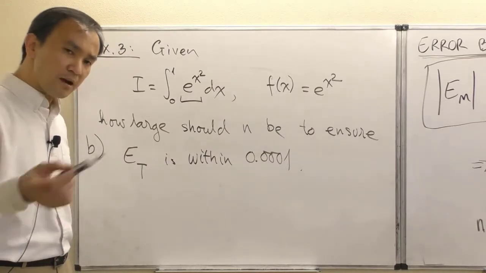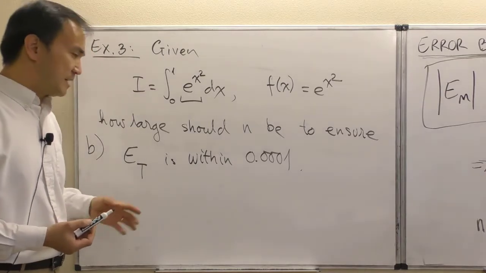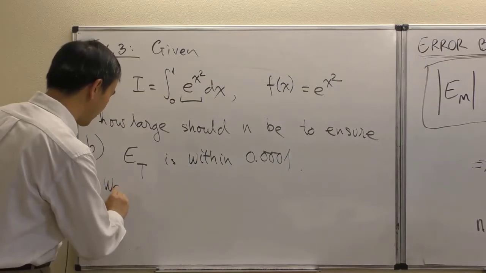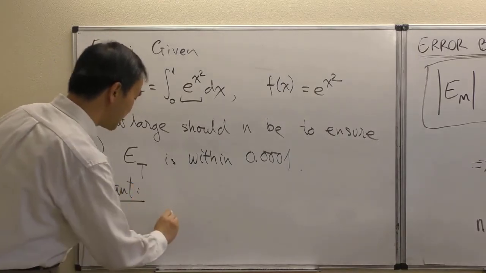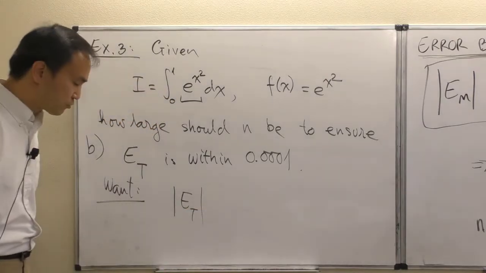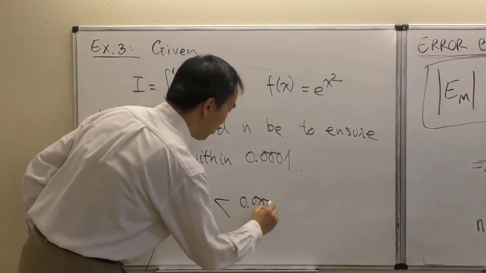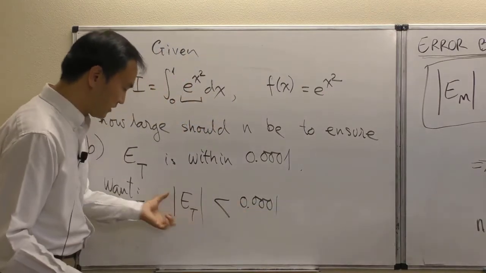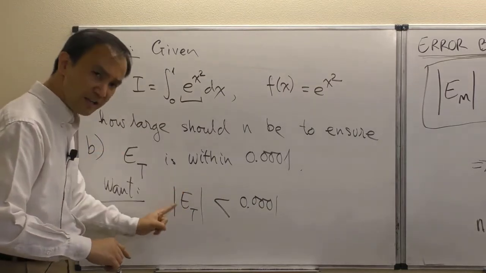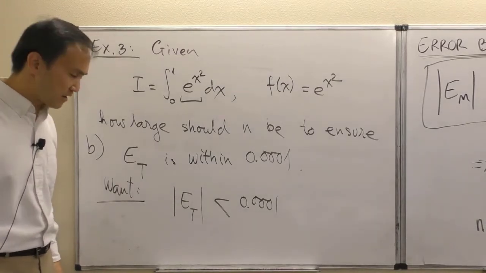You can roll back on this video lecture and see my explanation and logical reasoning earlier. Ultimately, this statement means we want the absolute value of ET, the amount of error produced by the trapezoid method, to be strictly less than 0.0001. The question did not have to bring up absolute value, but here we automatically recognize it, and my reasoning was given in part A in much detail.